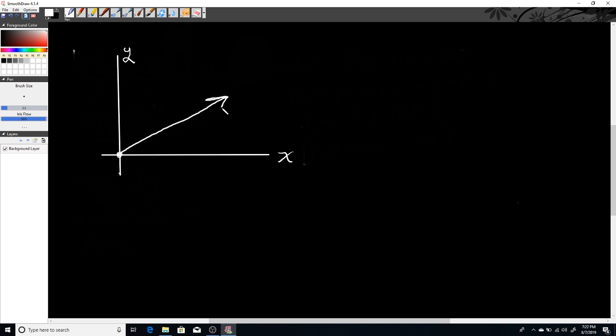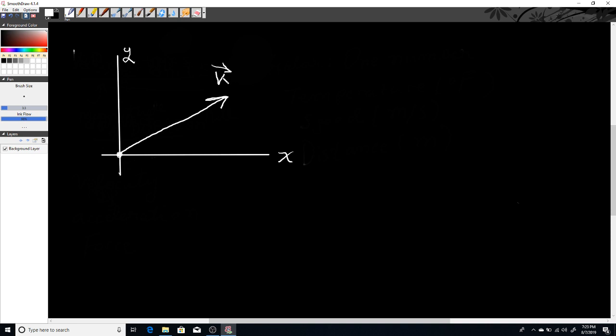Let's say we have some vector, and we call this vector v. Often vectors have an arrow on top of them. That's the notation for vectors. Oftentimes in textbooks, they'll be written in boldface print, but when vectors are handwritten, they're represented with an arrow on top.